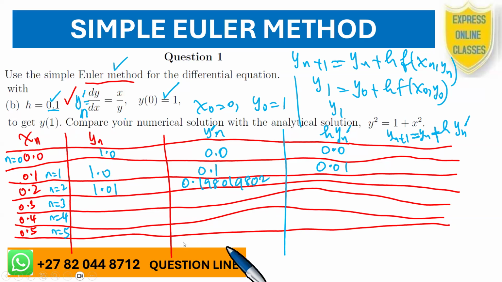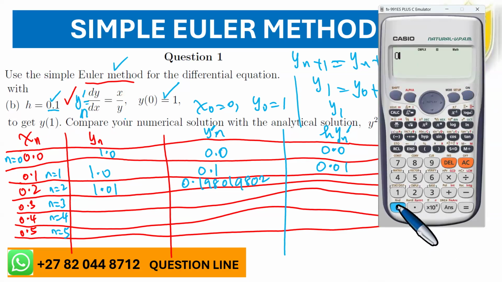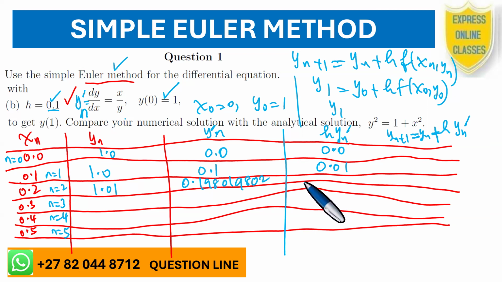But h is 0.1, so just multiply: 0.1 times 0.198019802 gives 0.0198019802.